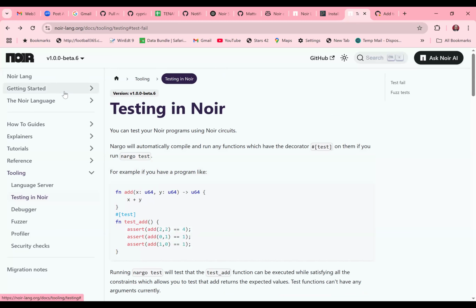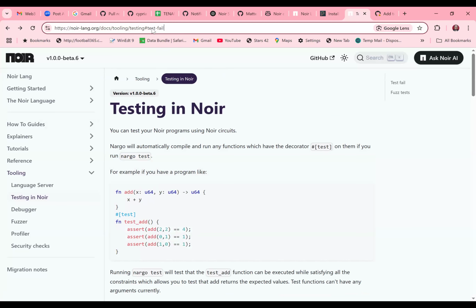Just search Noir and you get it, at noirlang.org. I just click on tooling, and then it's up to testing in Noir.